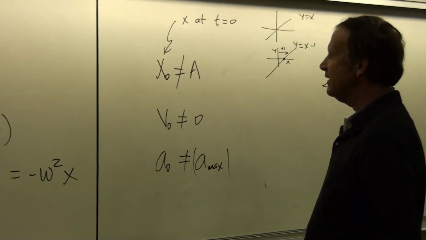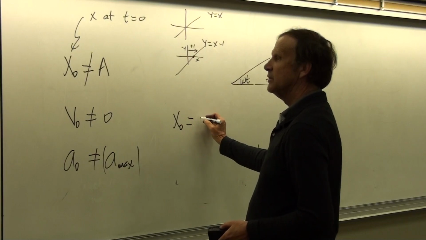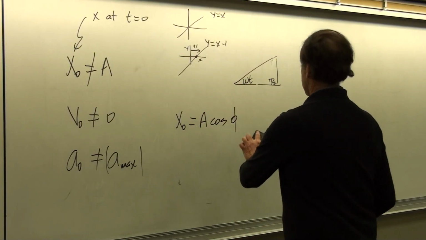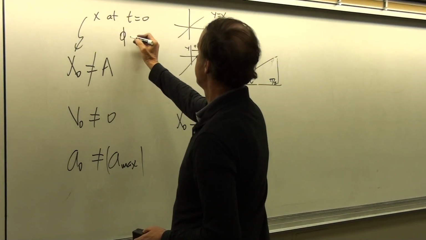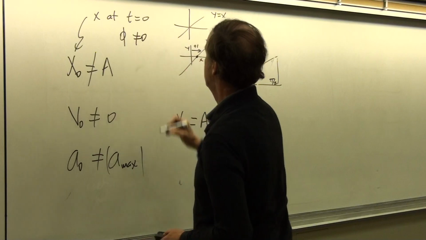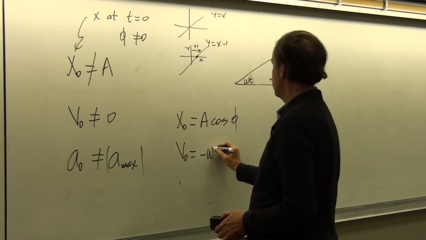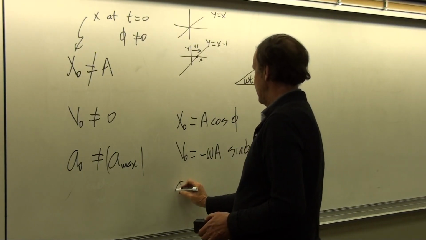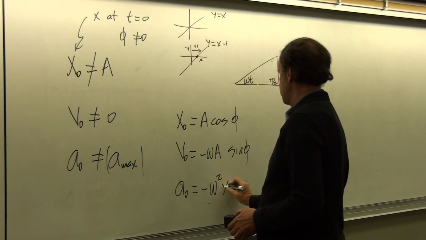Okay, so if that's not the case, then we can write that x naught is equal to A times the cosine of phi, if phi is not equal to 0. And then v naught would be equal to minus omega A times the sine of phi, and a naught would be equal to minus omega squared times x naught.